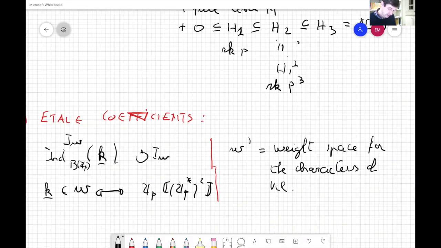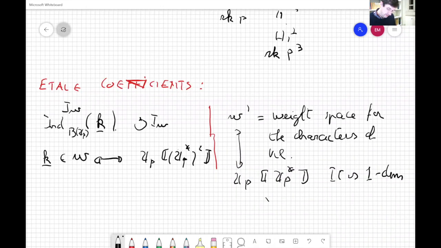So this is simply associated to ZP of ZP star. And the character actually, if you write your Klingen, it's simply the projection on this vector, the algebraic characters.